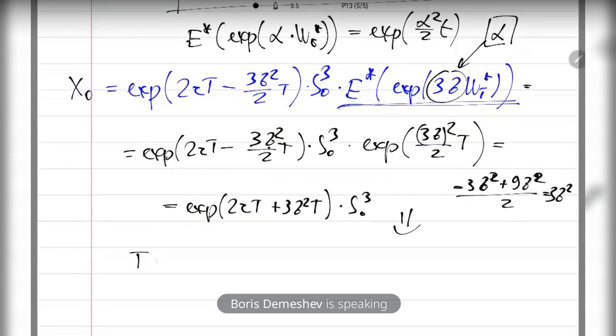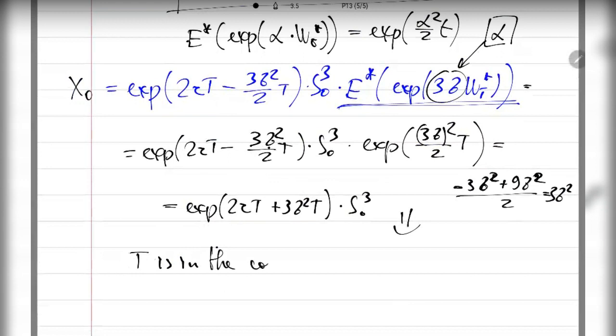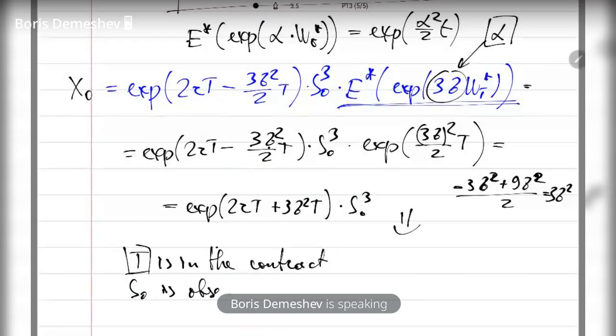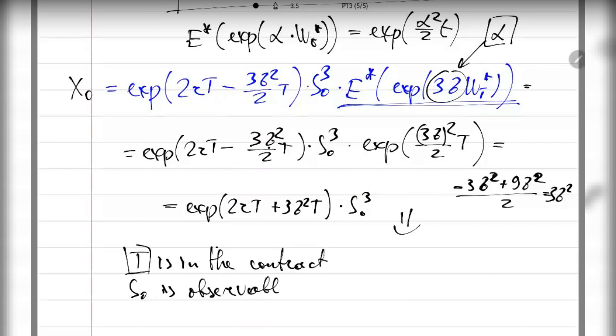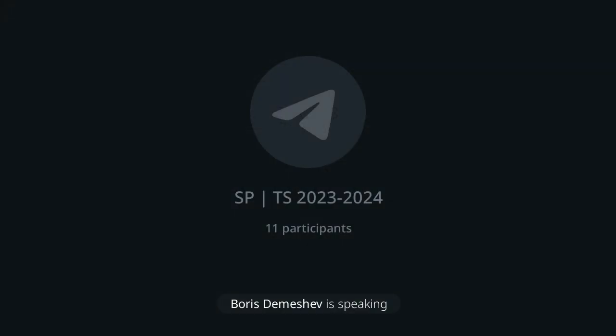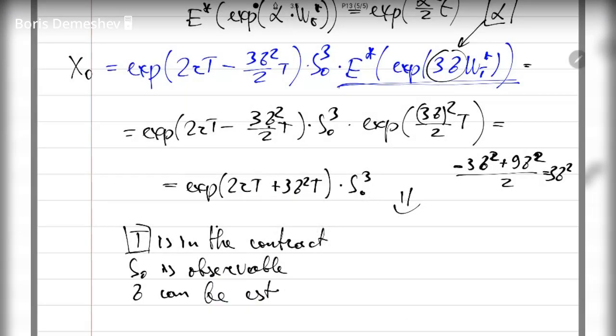Once again, T is in the contract. So that's an agreement. I will pay you at T the sum ST squared. S0 is observable. Sigma can be estimated from past share price trajectory.